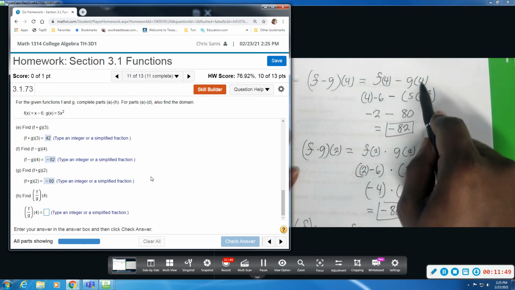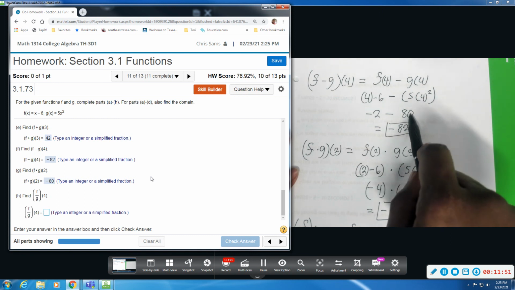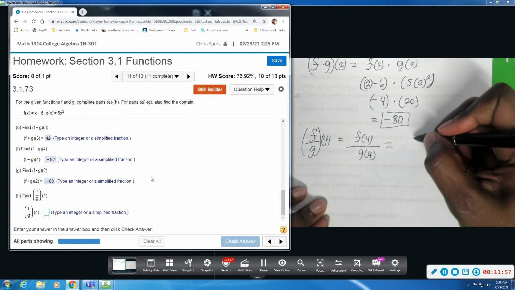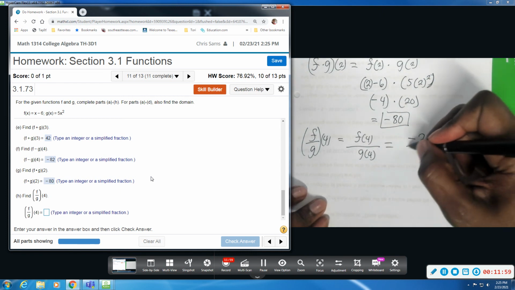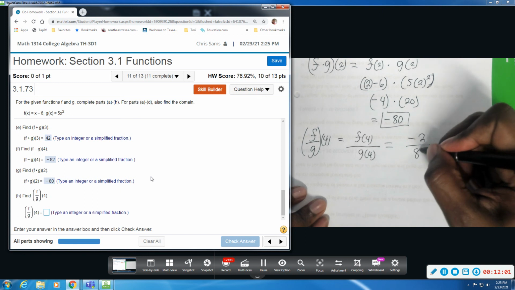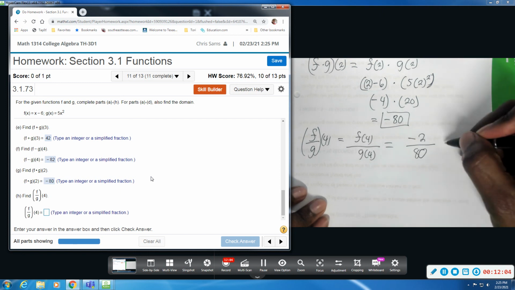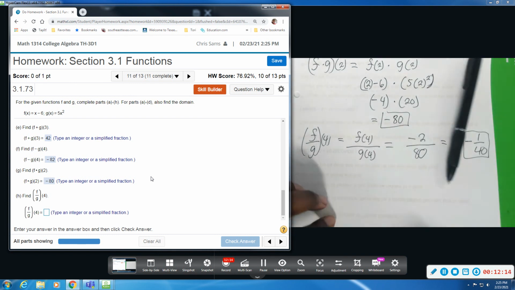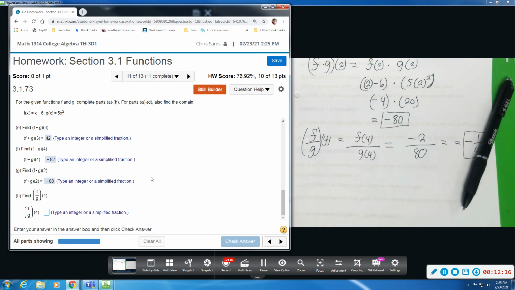We plugged in a 4 for g and we got 80. So we have a negative 2 over 80. We can go and plug it in again, but since we already used it, let's just use what we already have. So negative 2 divided by 80, and then we would divide both of these by 2, so that would give us a negative 1 over 40. And that would be our simplified answer, negative 1 over 40.